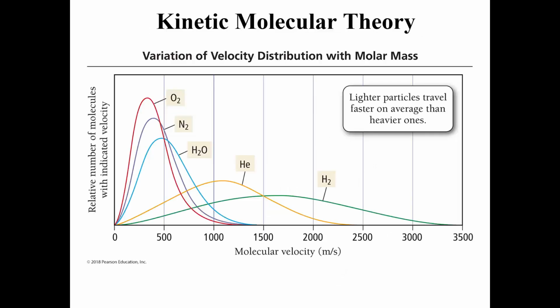Okay, so if we look at a graph of velocities, not energies, these are the speeds of different particles and the relative number of molecules, and its distribution, right? This is where volume and temperature are constant, and this is for 1 mole, let's say, of each of these substances, helium, hydrogen, and so forth.